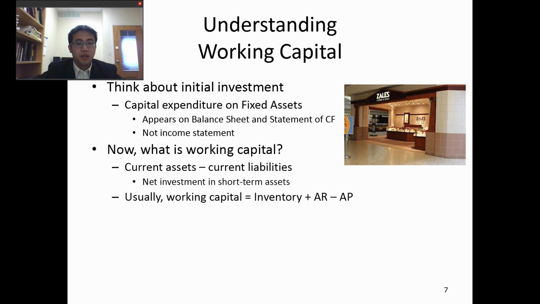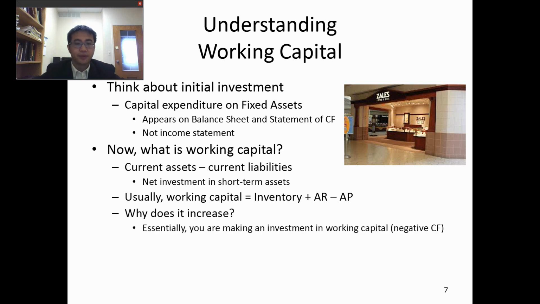Usually the net working capital is inventory plus account receivable minus account payable. So when you start a new investment, when you have a new business, definitely your scale of operation is enlarged. So all these terms, inventory, account receivable, and account payable, they would increase.